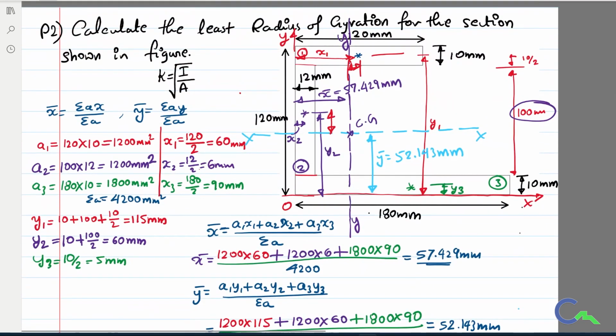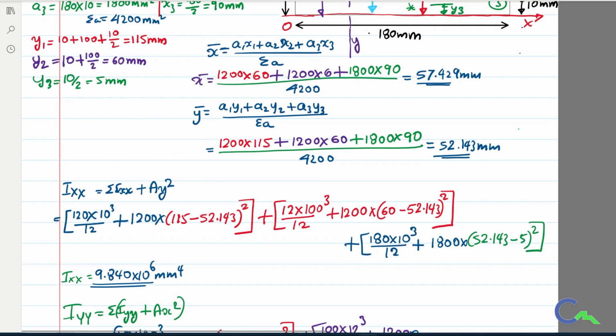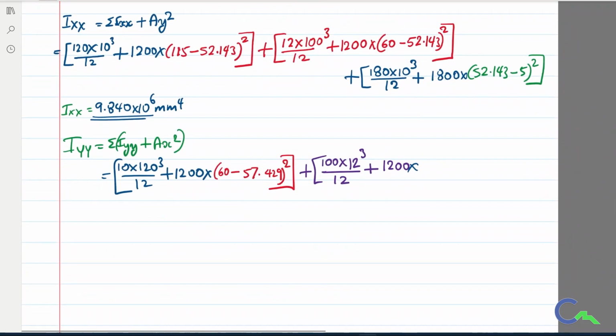Now I want the distance from the centroid of the second figure to the yy reference axis. I want this particular distance. To do that calculation, that is nothing but into, y bar minus x2. So y bar minus x.